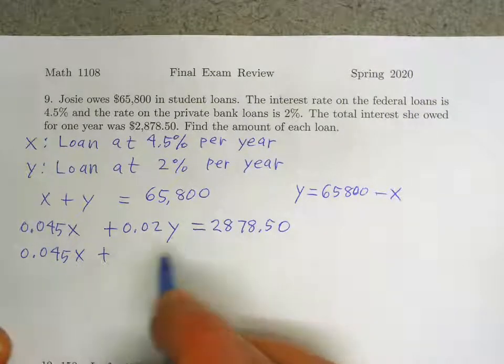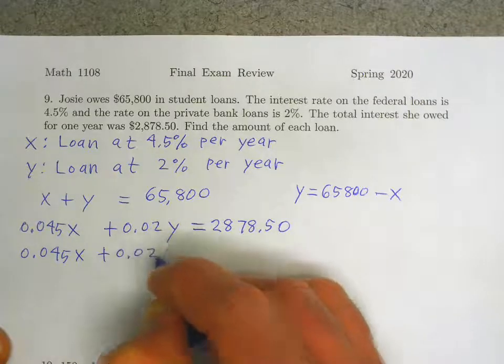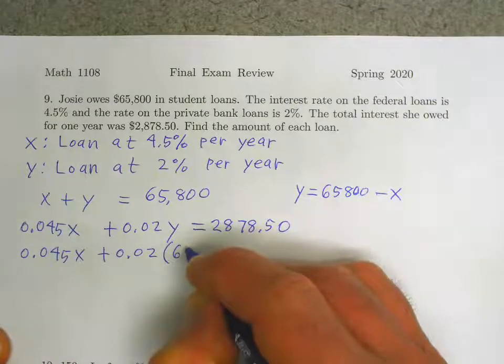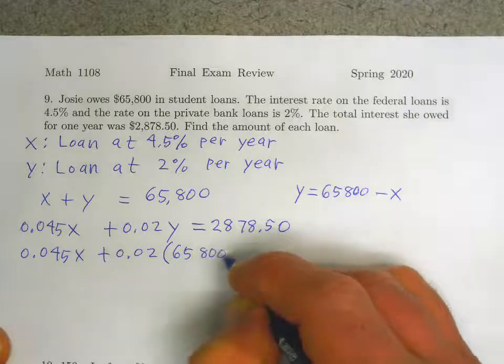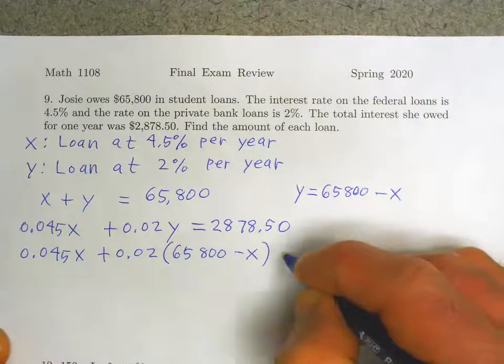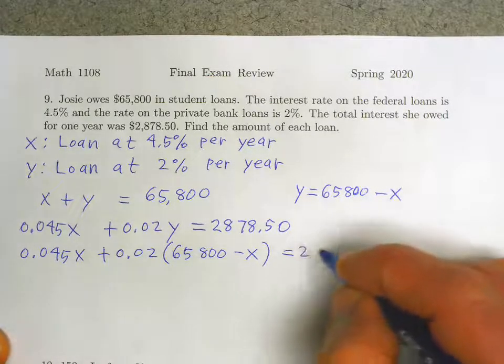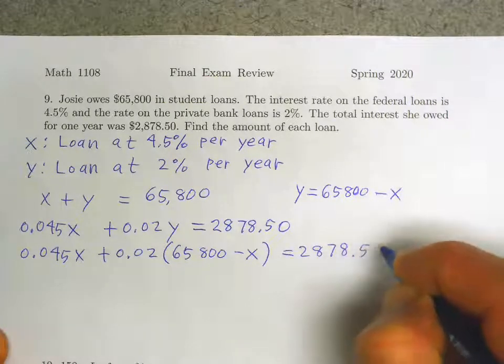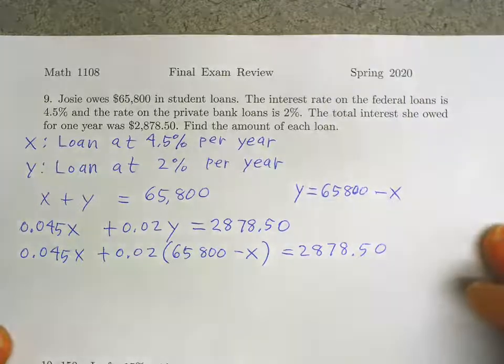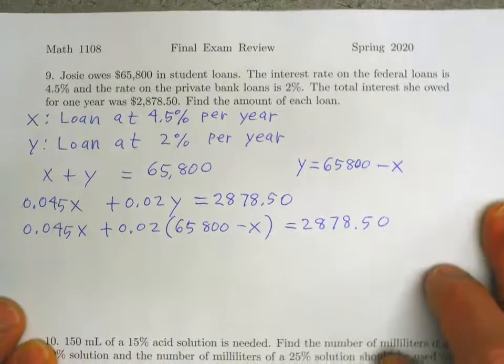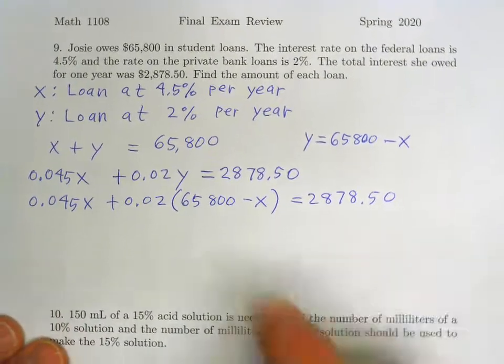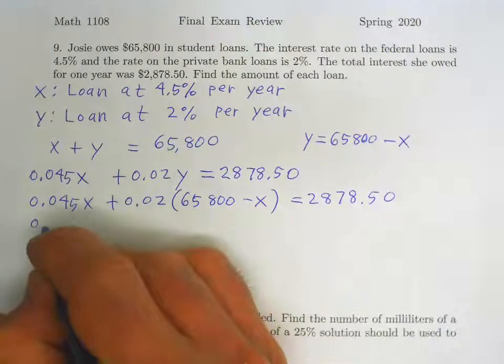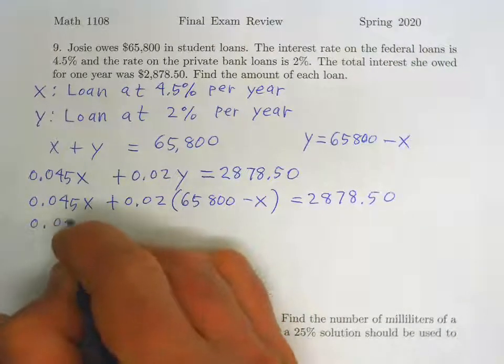So 0.02, I'm going to replace y with 65,800 minus x, and that's equal to $2,878.50. So now we just have to be careful with arithmetic. So I'll rewrite this term, 0.045x.